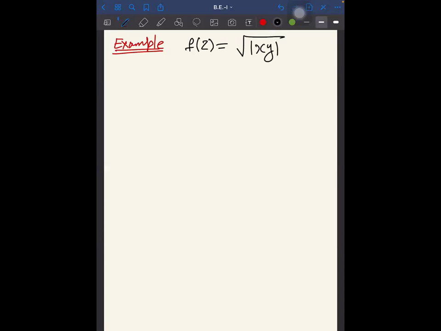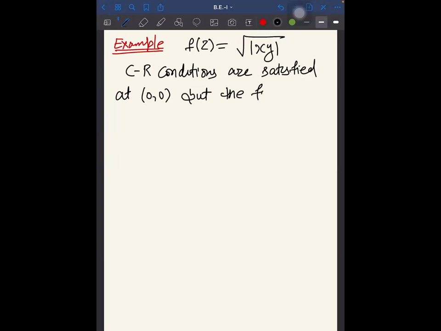We need to check that the CR conditions are satisfied at (0, 0), but the function is not differentiable at (0, 0).